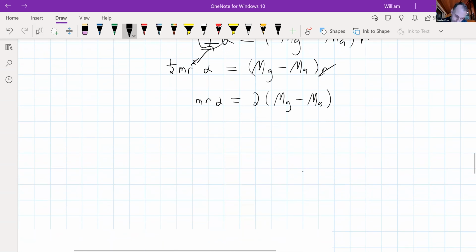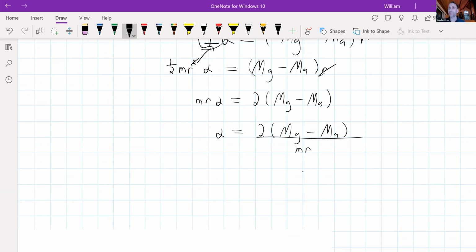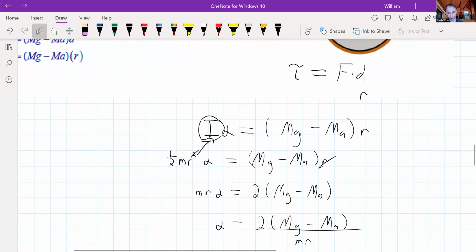And then now finally, I have my derivation. Alpha is equal to 2 times mg minus ma over little mr. We have fulfilled every requirement of this derivation problem.